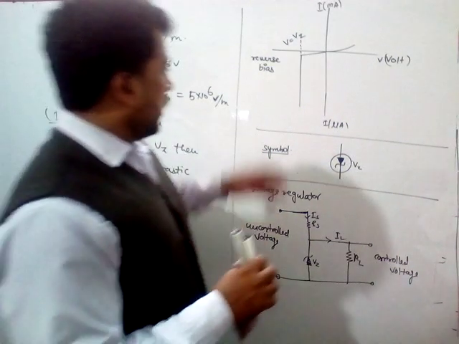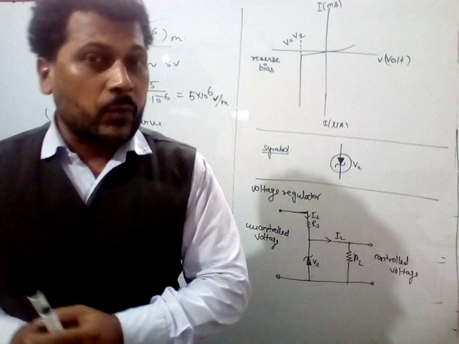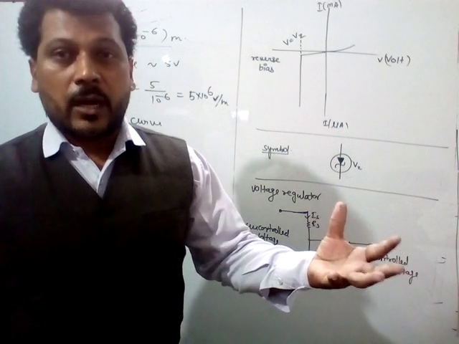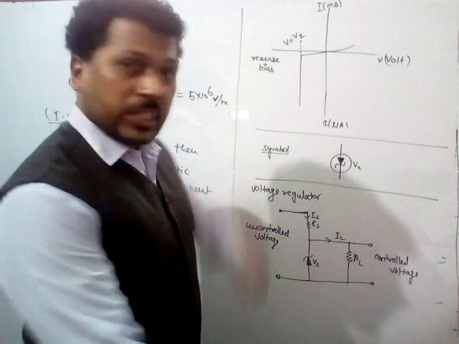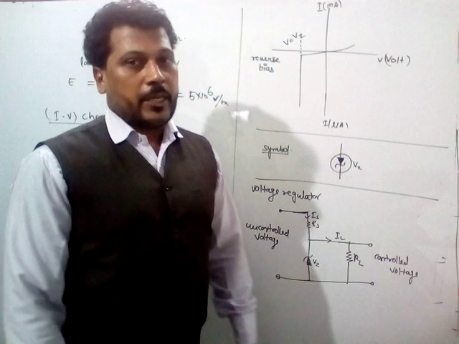Okay, so due to this reason it is used as a voltage controller, because here we obtain a large or drastic change in the current without changing any voltage, and that voltage is known as the Zener voltage.